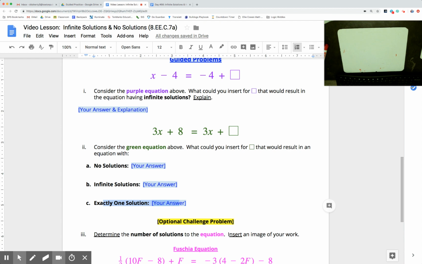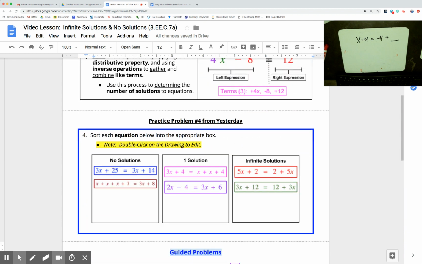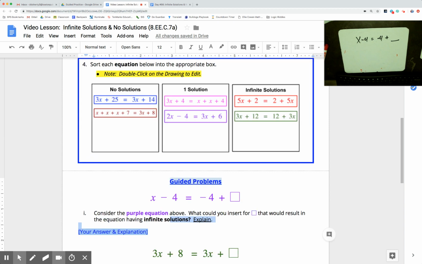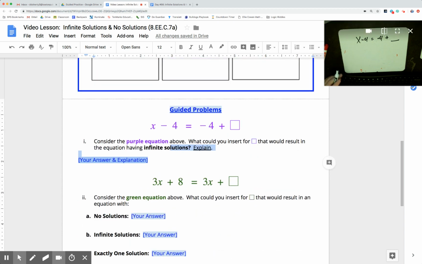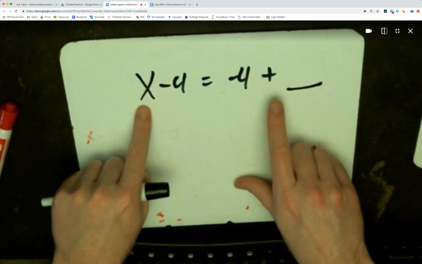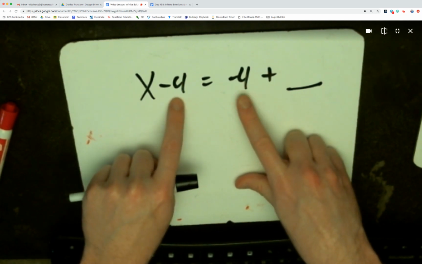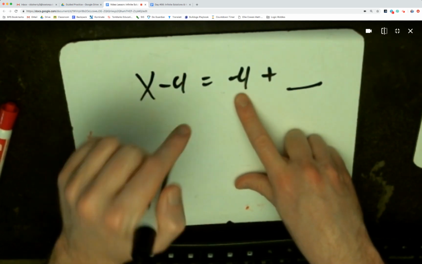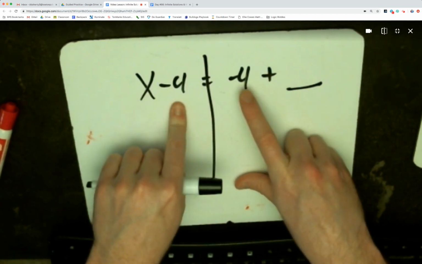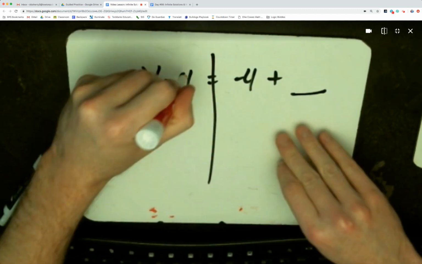Welcome back. Hopefully you figured this out. So if we have x minus 4 equals negative 4 plus something we don't know yet, and they want us to have infinite solutions, remember the key is same variable on both sides with the same coefficient, and they need the same constant added. Here, as I'll full screen the whiteboard, we have the same constant term, negative 4 over here, negative 4 over there.